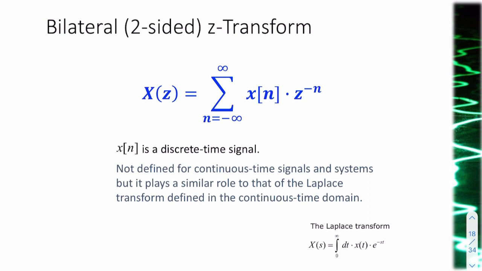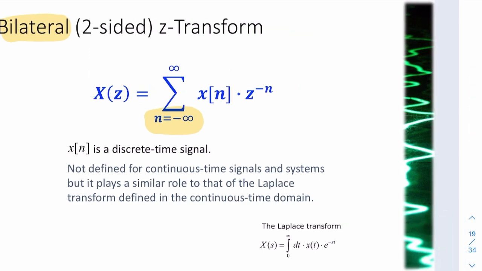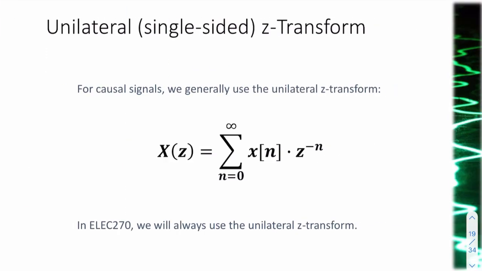So, remember I said the limit for the summation for a bilateral, two-sided, bilateral just means two-sided. So for a two-sided zTransform, we sum from minus infinity. But in this module, we will be looking at causal signals, and we'll be applying the zTransform from n equals 0.